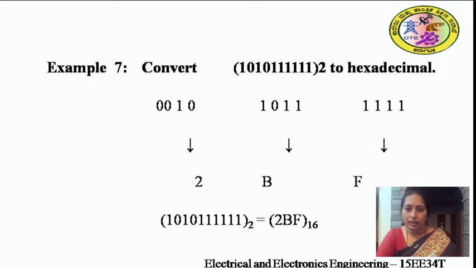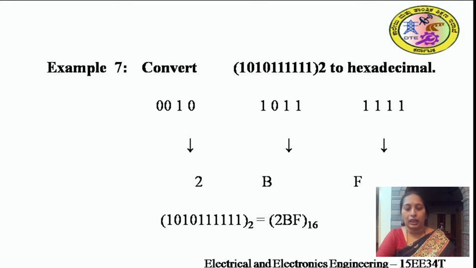Next, I have taken another example. This is a 10-bit binary number, and I have to convert it into hexadecimal. The procedure is similar. Starting from the LSB, I make groups of 4 bits towards the MSB. 1111 is the first group, then 1011.